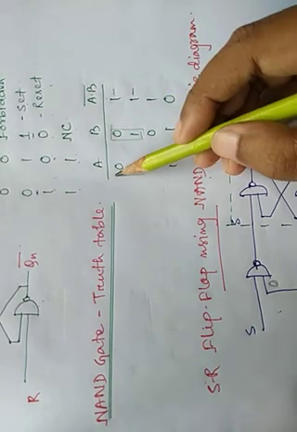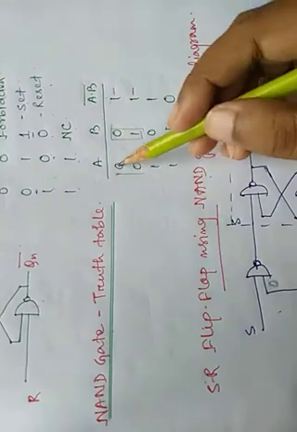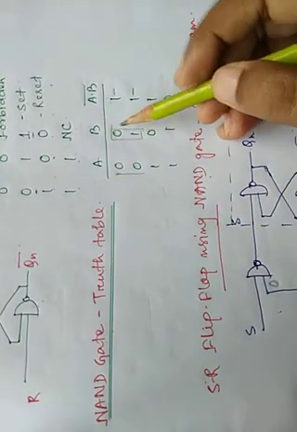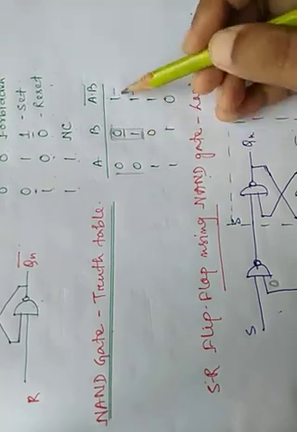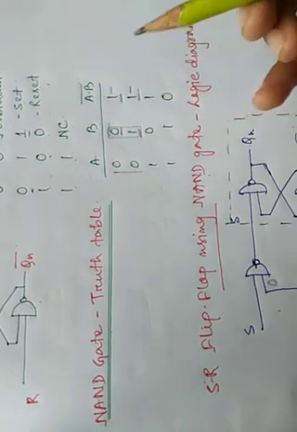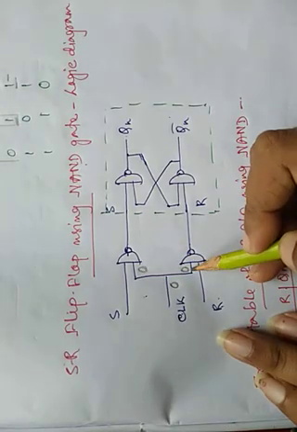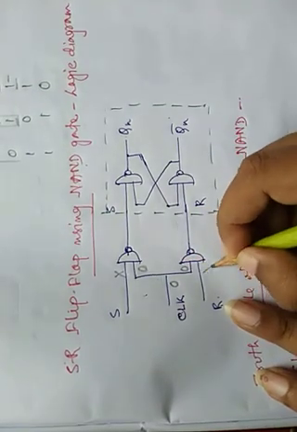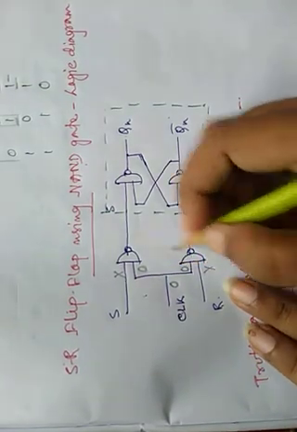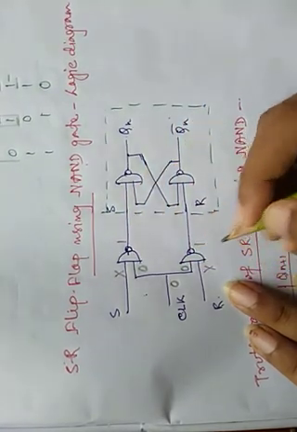Mind it. When one of the inputs of a NAND gate is 0, whatever the other input value, whether it is 0 or 1, the output is 1. So here it does not matter what the values of S and R are, the output is always 1. Clear?